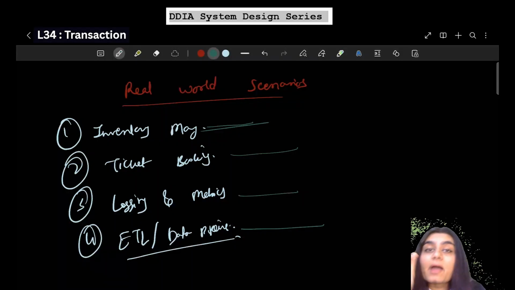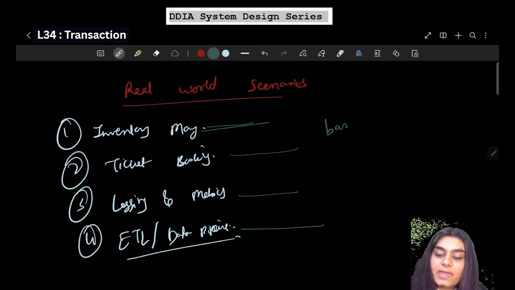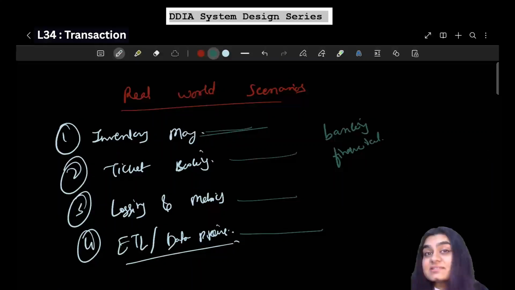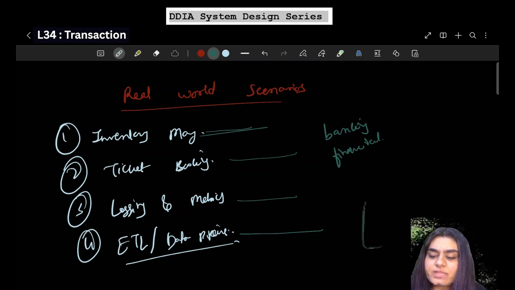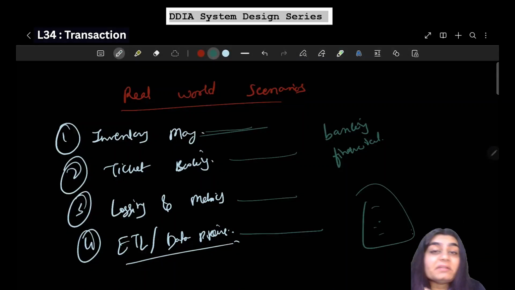A good answer might mention that if the use case requires strict consistency, for example banking or financial systems, an ACID compliant relational DB is preferred. Whereas if you need massive scalability and can tolerate slight inconsistencies, for example a social media feed, a NoSQL database might be chosen for availability and speed, with the application handling eventual consistency.